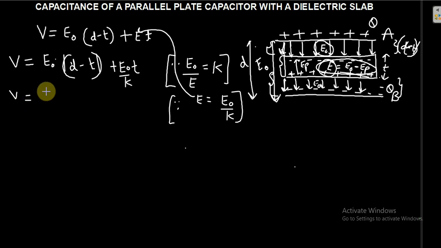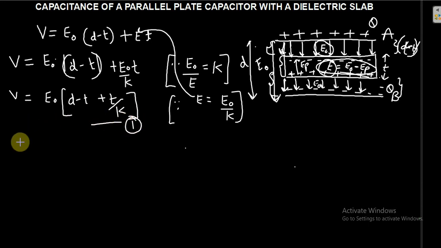So in the next step, take E0 outside and you will be left with D minus T plus T by K. This is your equation number 1.